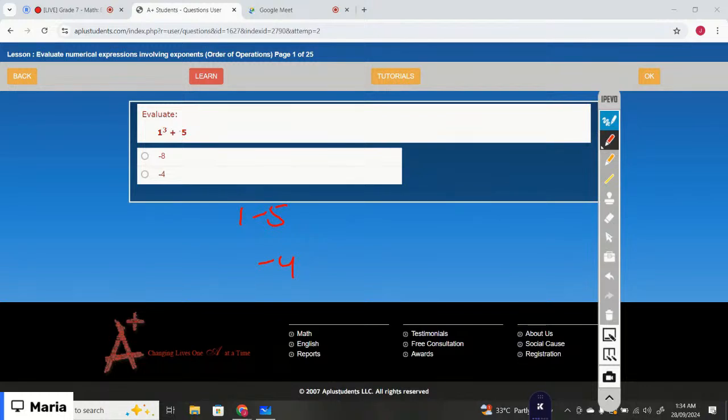So the correct option is option number 2, that is negative 4, right?